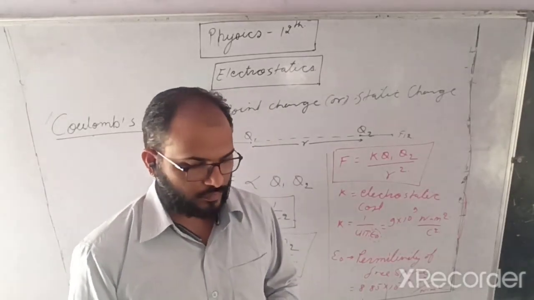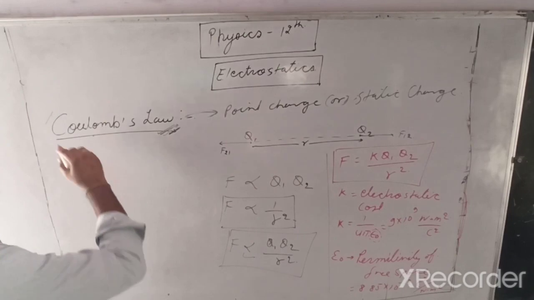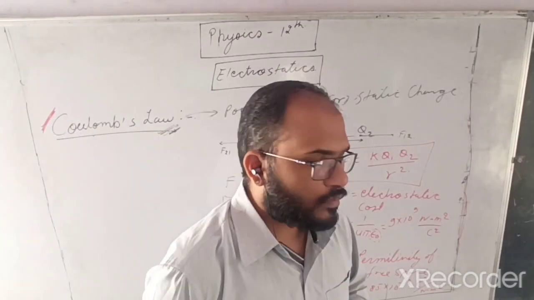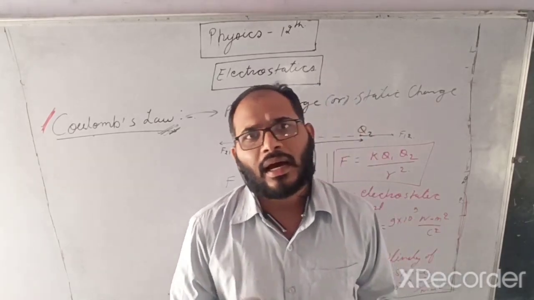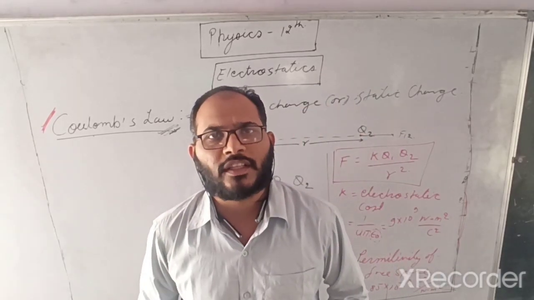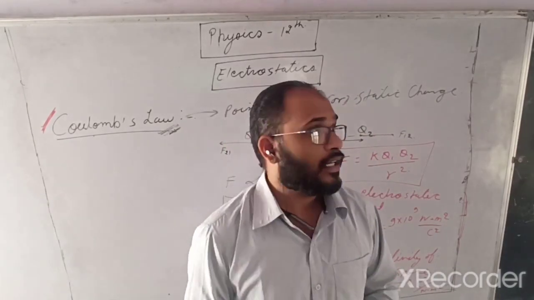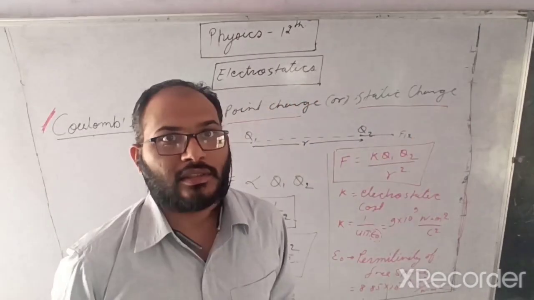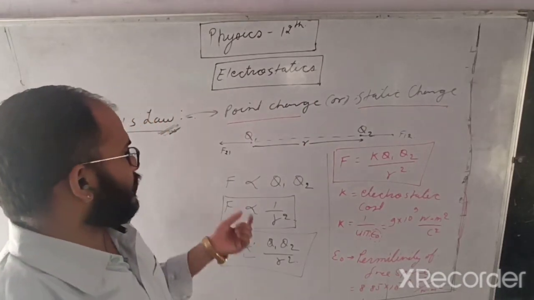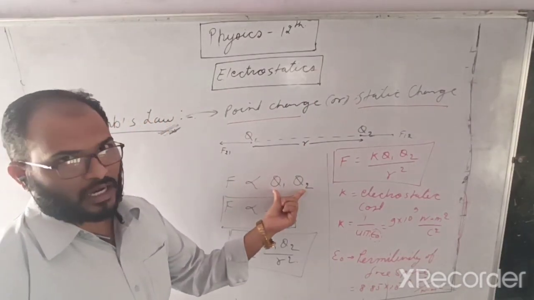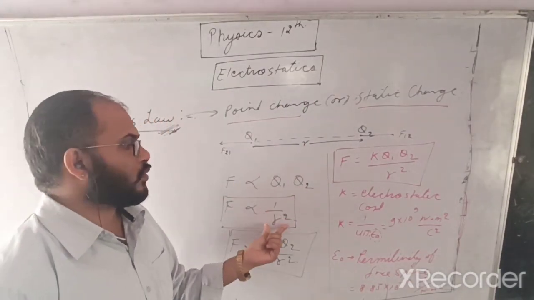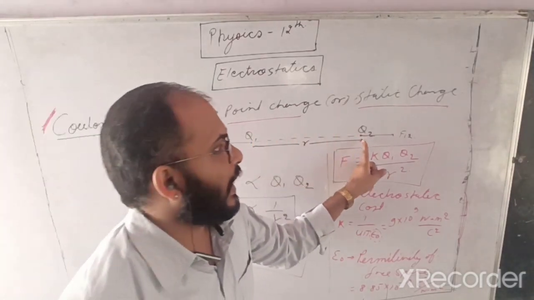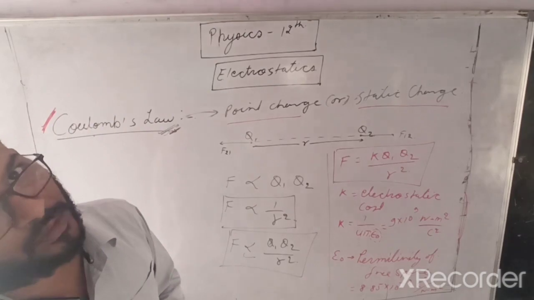Now, write out the statement of Coulomb's law. Coulomb's law states that the attraction and repulsion force between point or static charged particles is defined by the product of the charges, the square of the separation between them, and the line joining them.